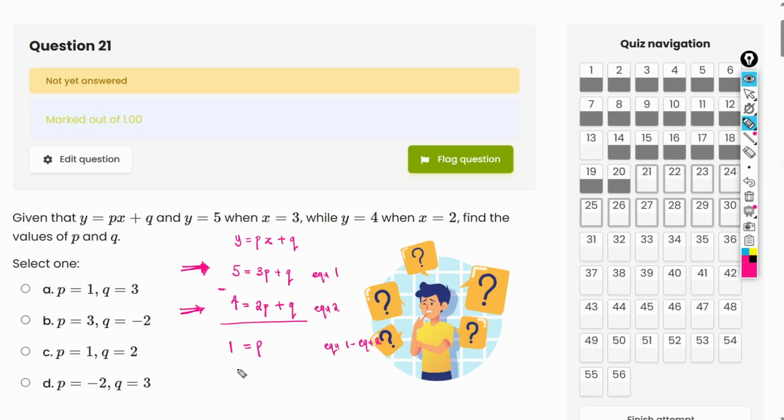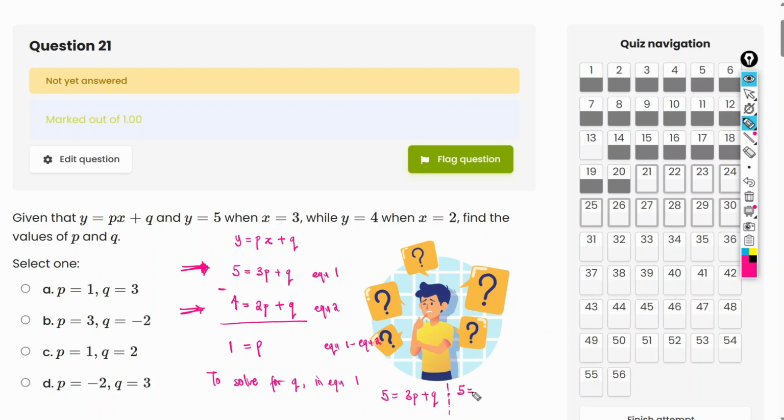All right, so to solve for q, I just plug in 1 for p in equation 1. I'll use 5 is equal to 3p plus q. Sorry, I don't have that much space.